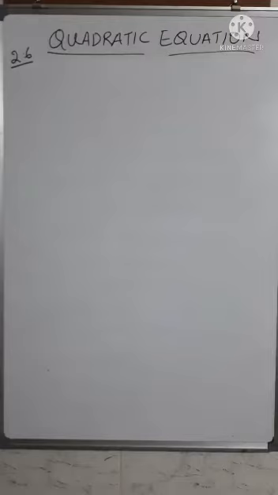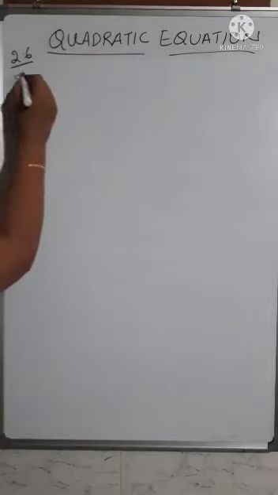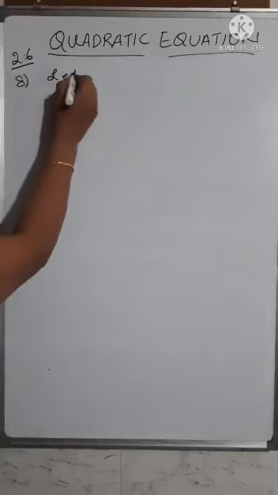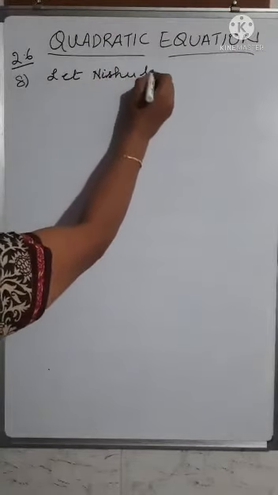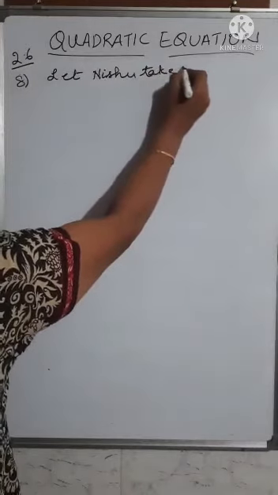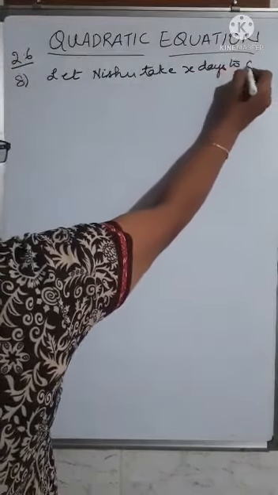if they work alone? So to start with, you have to take the given: Pintu takes 6 days more than Nishu. So let Nishu take x days to complete the work.